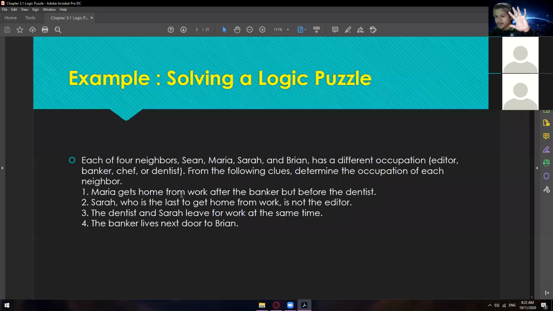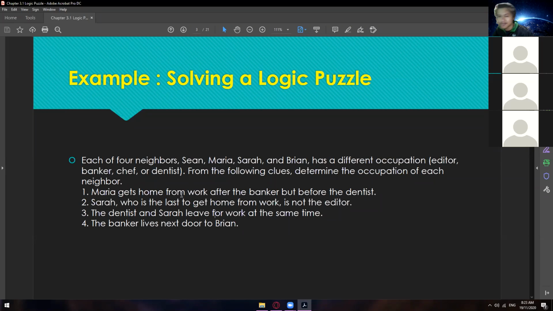May nagtatry ba? Or yung iba naglalaro? Nagtatry. That's good. So yung iba, okay, if wala ka sa mood, let's say kasi kagigising lang, I highly suggest that you grab your coffee already.